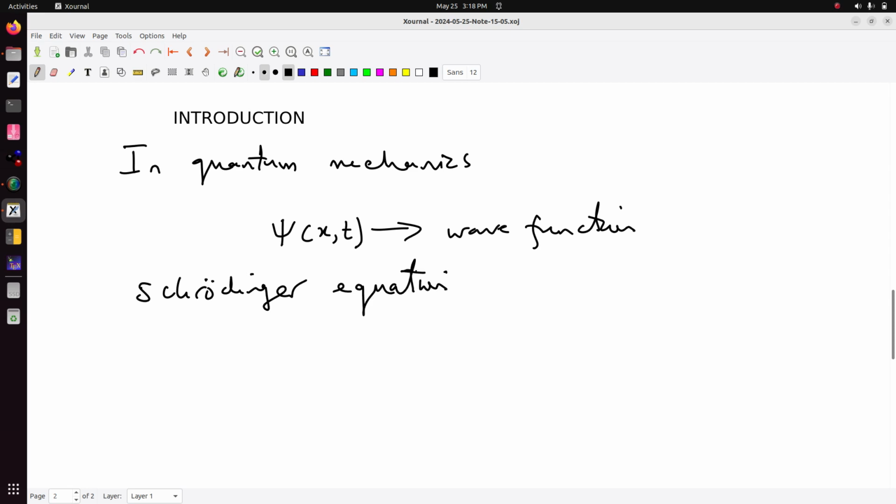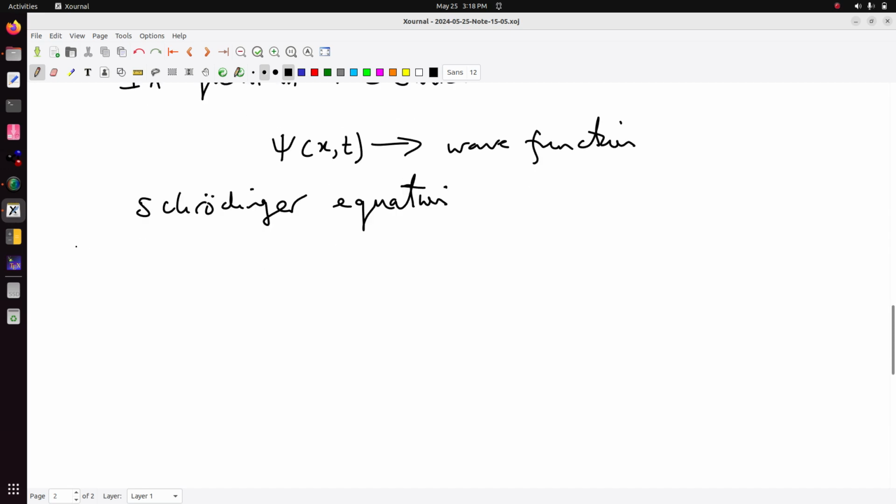Okay. Now, what is the Schrödinger equation? So if we have a particle of mass m that is subject to a one-dimensional potential, the potential is V, which depends on the position and time. The Schrödinger wave equation is a partial differential equation.